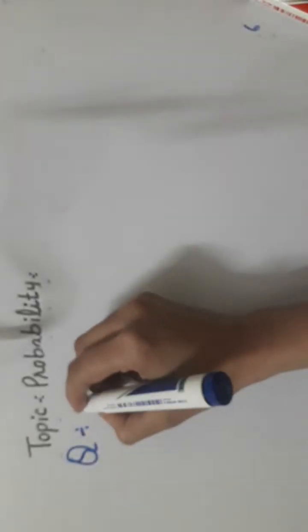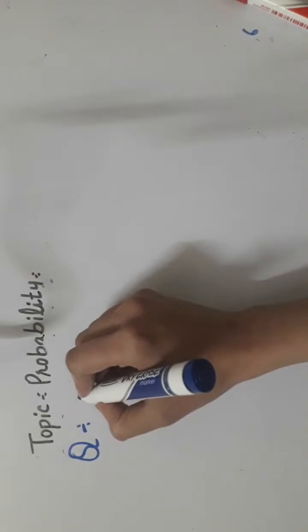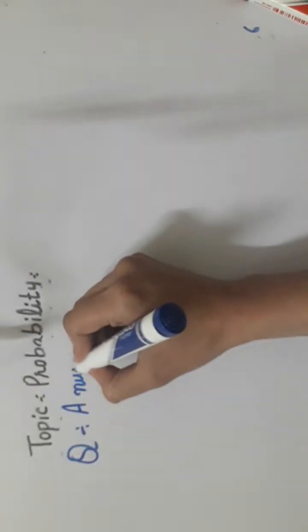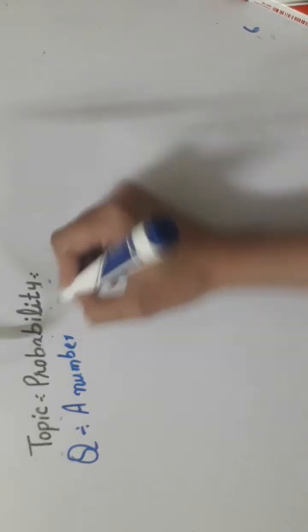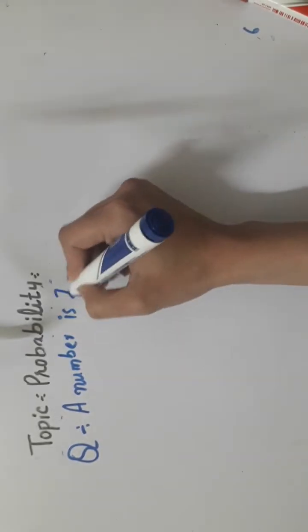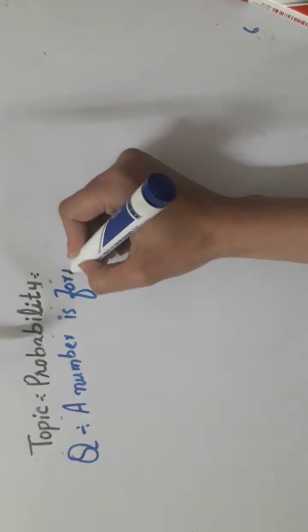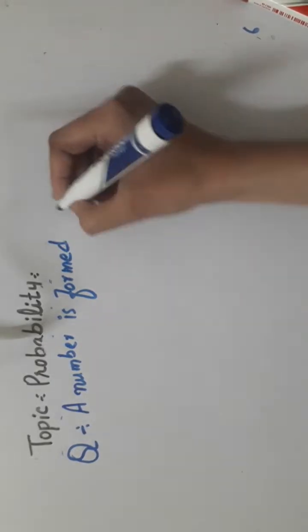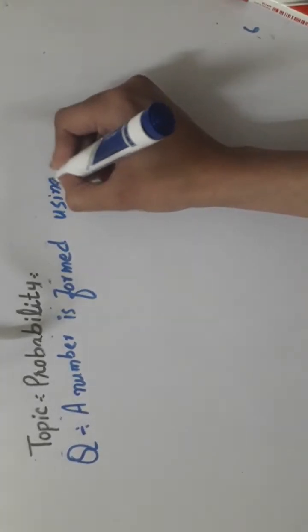Now the question is: a number is formed using all five of the digits.